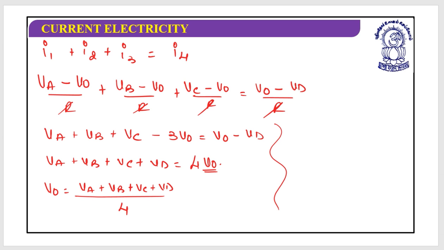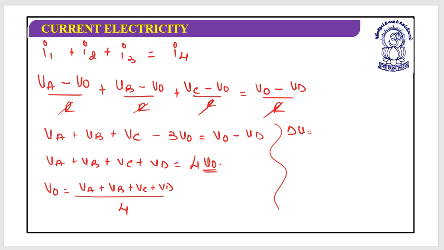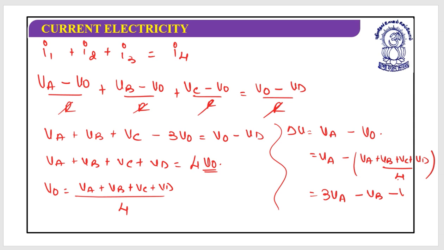The potential difference between A and O is VA minus VO, which can be written as VA minus (VA plus VB plus VC plus VD) by 4. So this is 4VA minus VA, that is 3VA minus VB minus VC minus VD, divided by 4, and your task will be done.